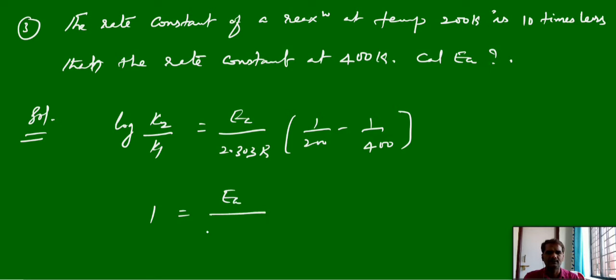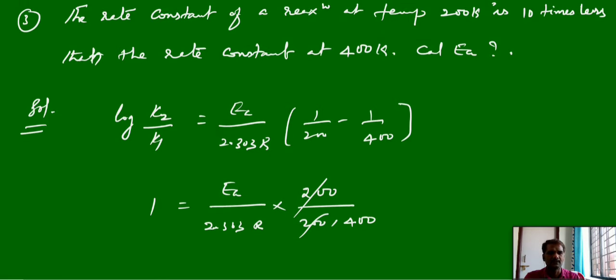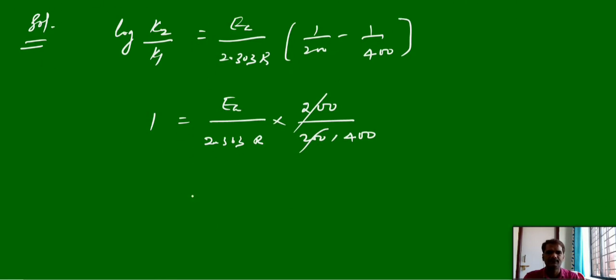So 1 is equal to EA by 2.303 R into 400 minus 200 by 200 into 400. As you can simplify, 400 into 2.3, approximately you will get 920. So that gives EA is equal to 921 times the gas constant R. So R, if they give in terms of calories, you can take 2 again. If they use joules, you can take 8.314.